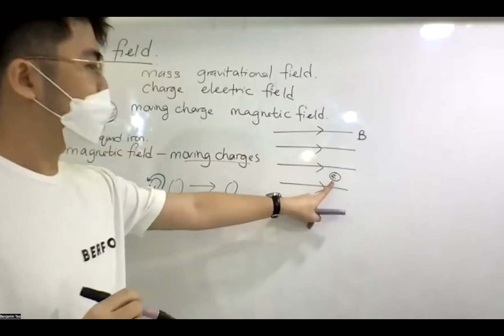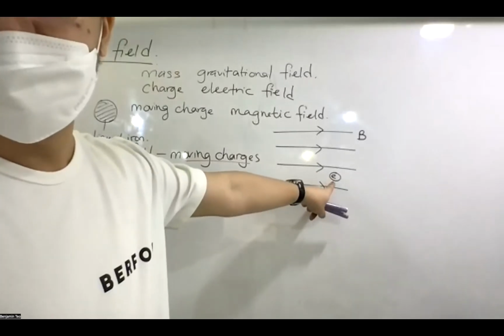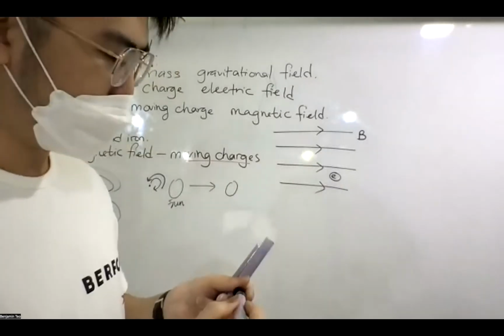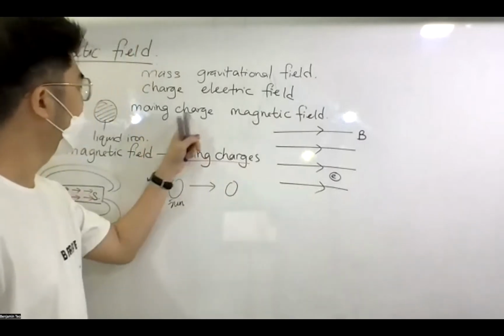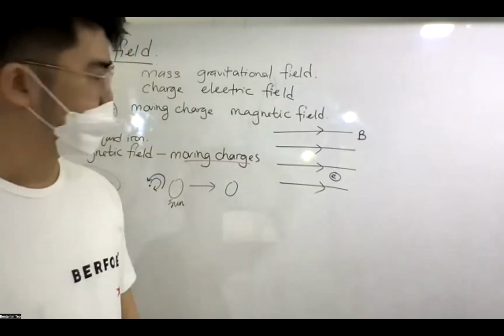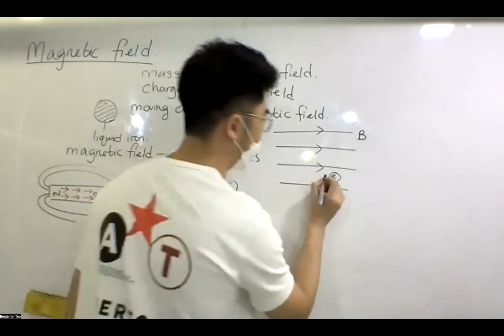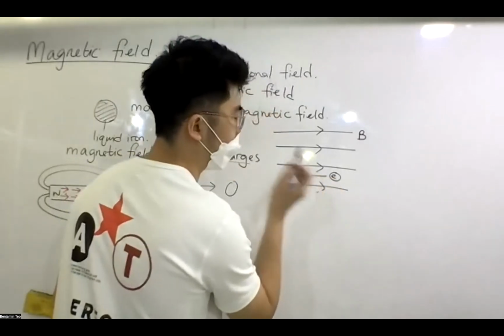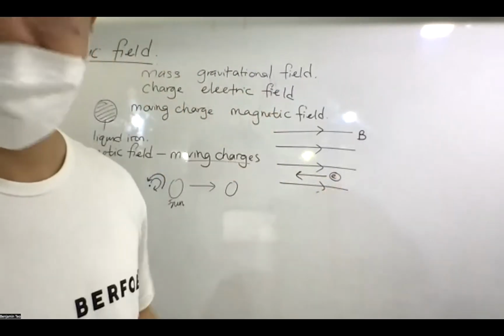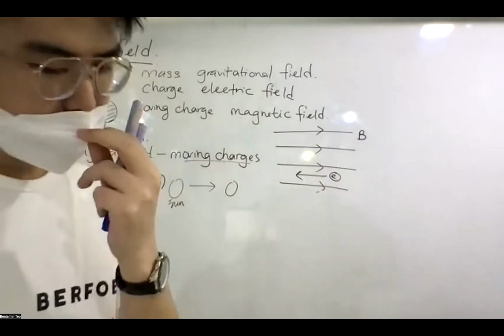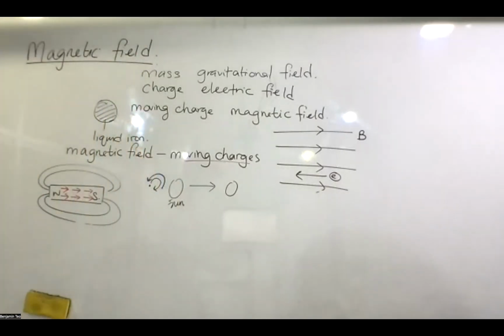I put the charge here. Can it experience any force if this is stationary? No, because only a moving charge will experience it. If this one moves, then you will start to see a force act on the charge. Okay, so that is something to take note.